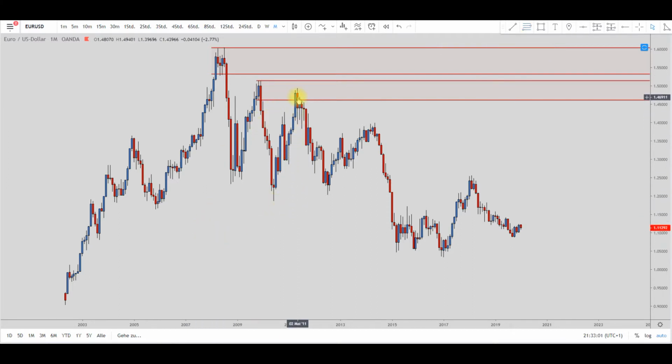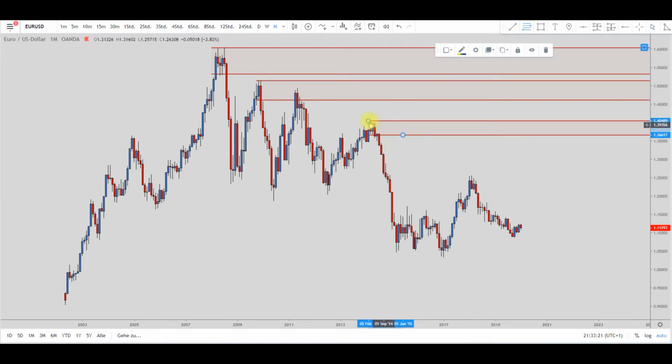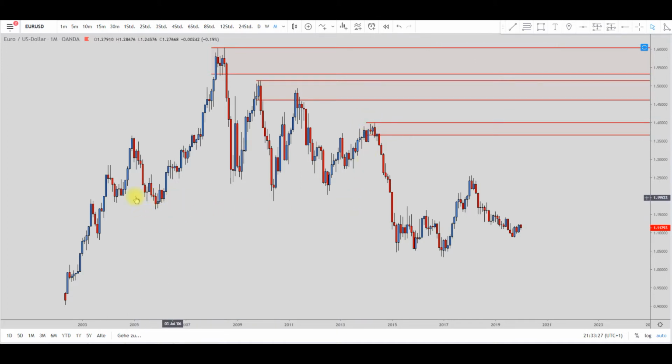And you see this was tested, so this is a reaction which further down created fresh supply, took out another high, and then we sold off again. That makes this one monthly supply. Just looking back, what happened before the euro topped out at around 160.